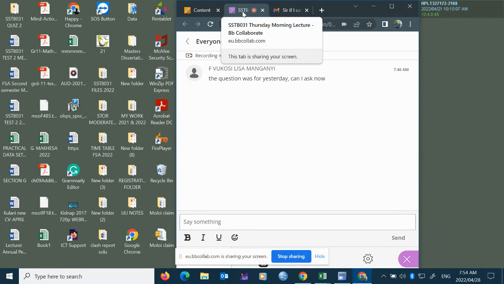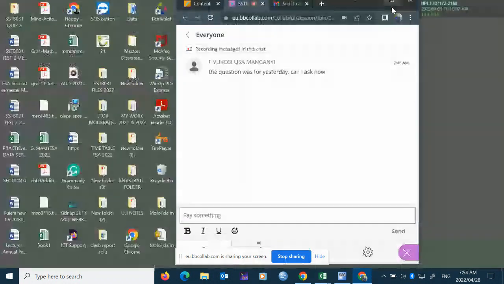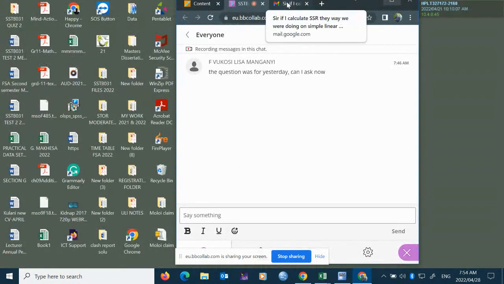SSR of x1 is the same as beta 1 hat times SSxy, isn't it? Am I right? How do we find the beta? SSR of x1, is it not the same as beta 1 hat times SSxy?